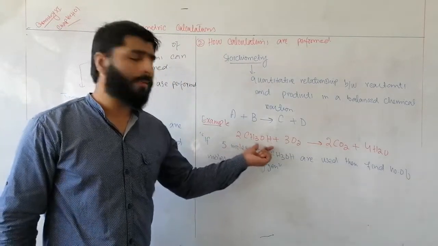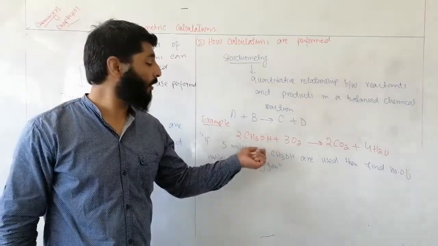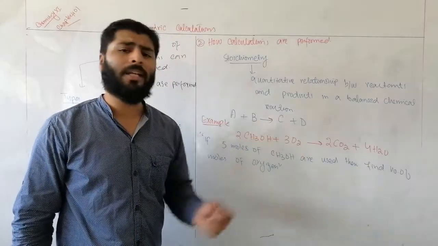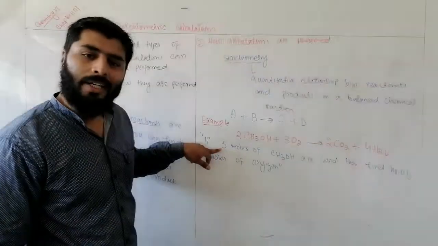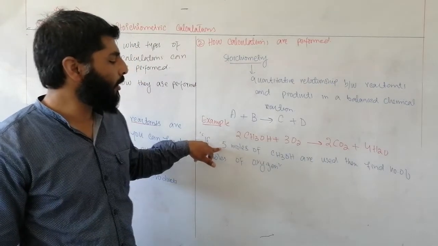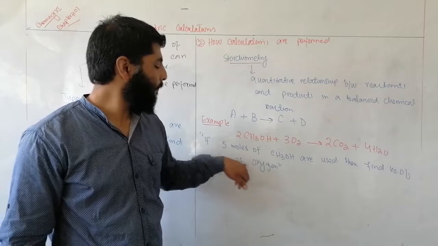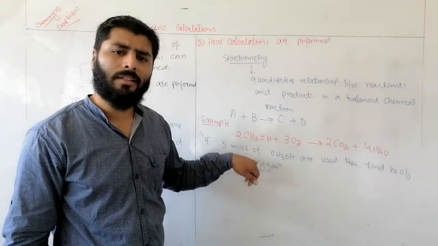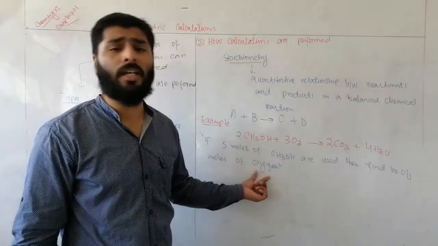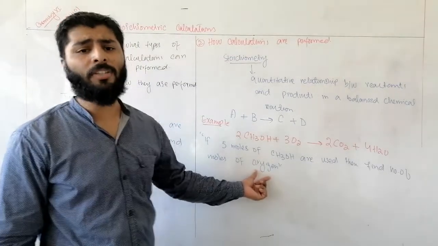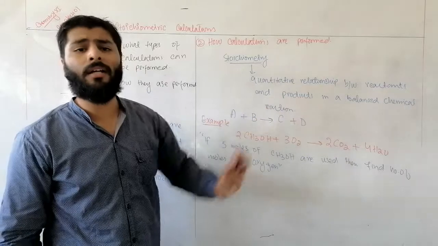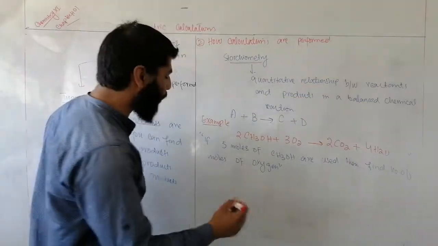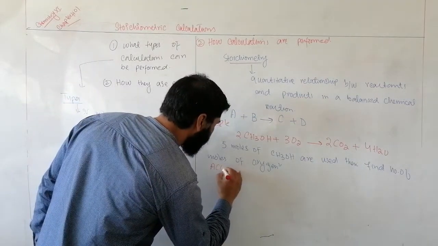Students, this is a balanced chemical reaction. First of all, you have to compare using the balanced chemical reaction. You are asked, for the combustion of 5 moles of methanol, how many moles of oxygen are required? For this purpose, you have to compare the number of moles of methanol and oxygen.